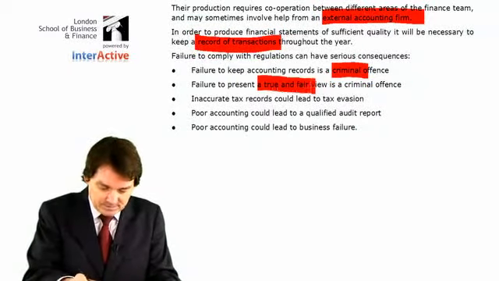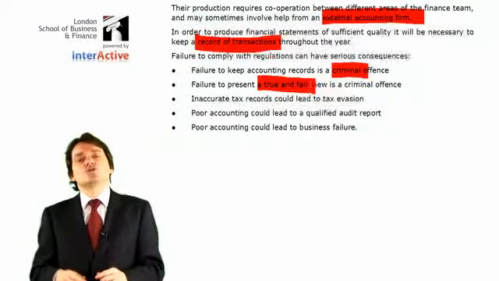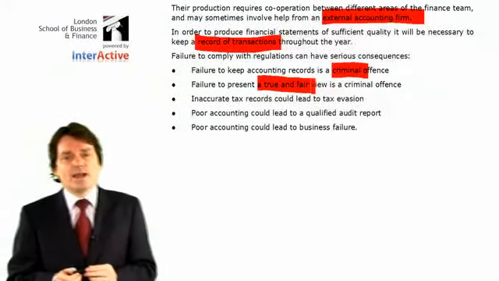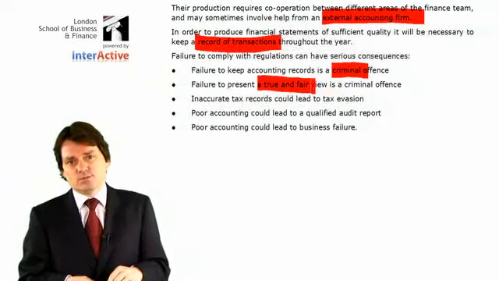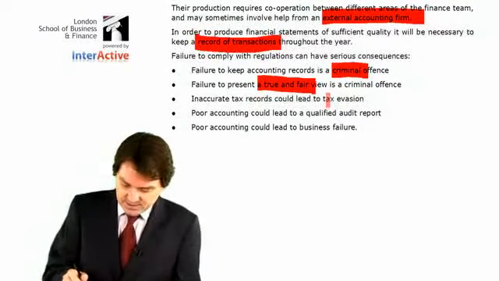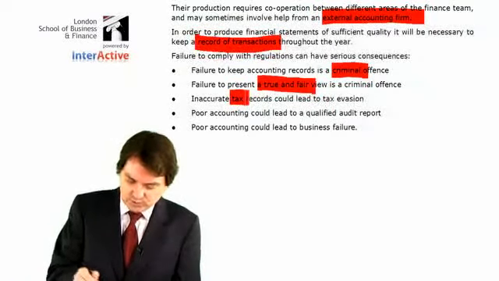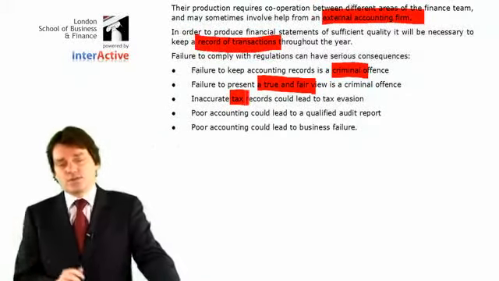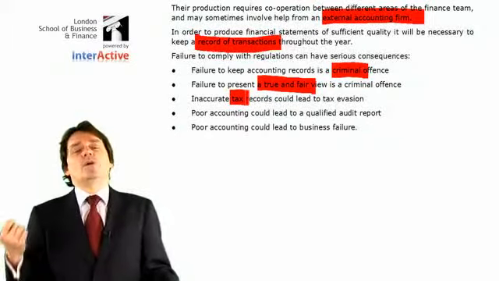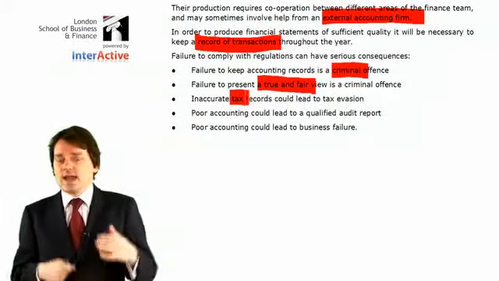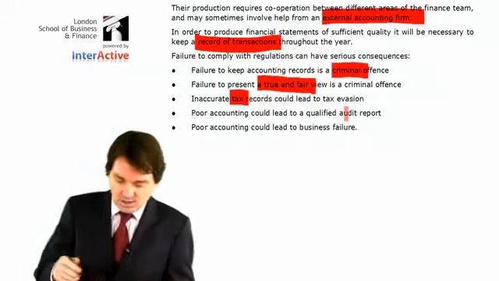Similarly, if your accounts do not show a true and fair view, again, we could have exactly the same issues. Underneath that, if your tax records aren't complete, then the tax authorities could claim that you are deliberately trying to avoid paying tax, and that is also a criminal offence.